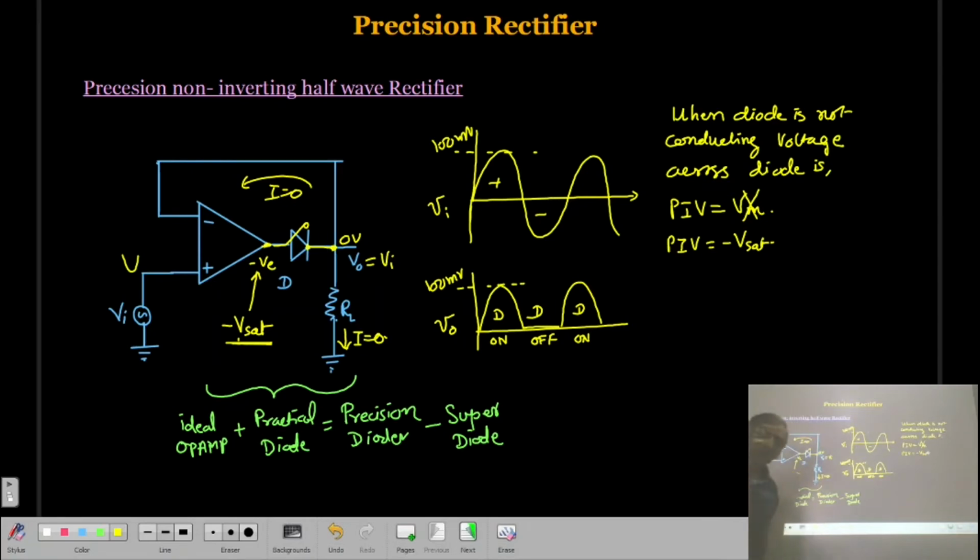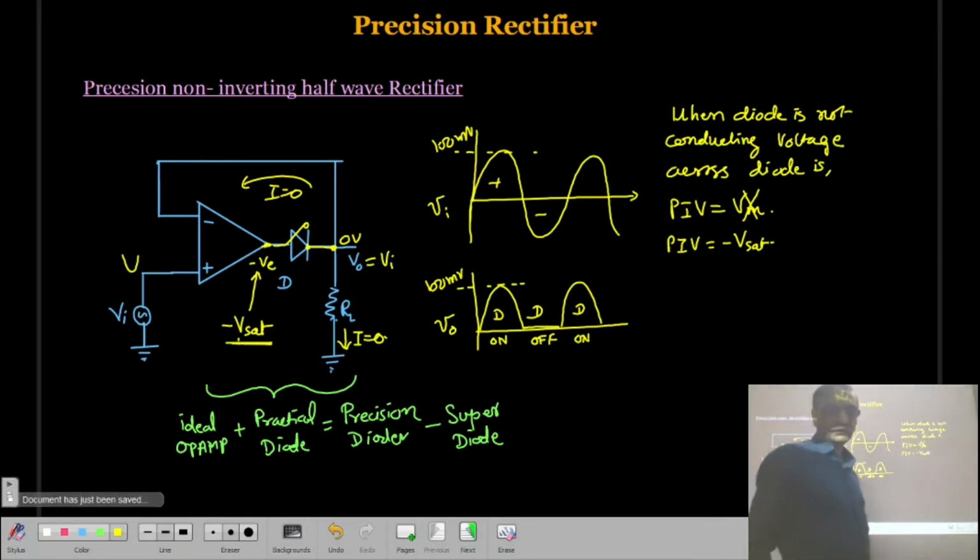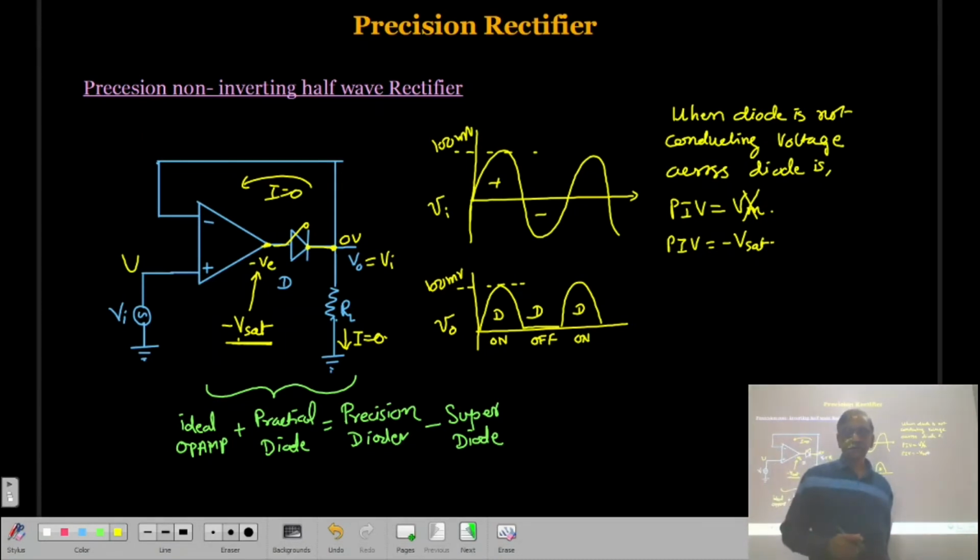Now sometimes if the breakdown voltage of the diode is less than the V saturation, then it can damage the circuit or you will not get a proper output.